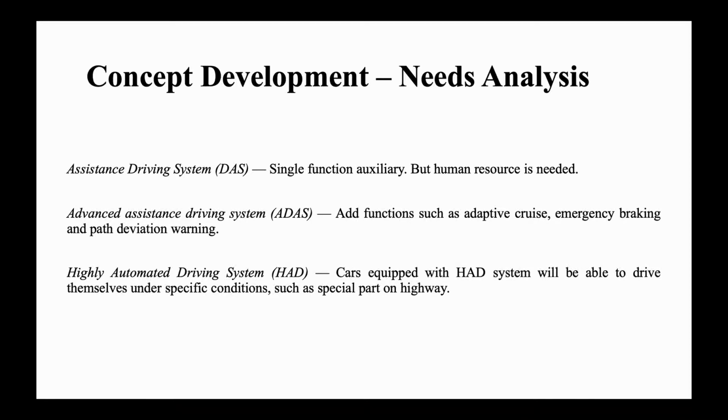Currently, the advanced assistant driving system is popular and has been used in social life. Compared with the AD system, the ADAS system adds functions such as adaptive cruise, emergency braking, and path deviation warning. The highly automated driving system has changed a lot from the previous 2 stages. Cars equipped with HAD system will be able to drive themselves under specific conditions such as special parts on highway.